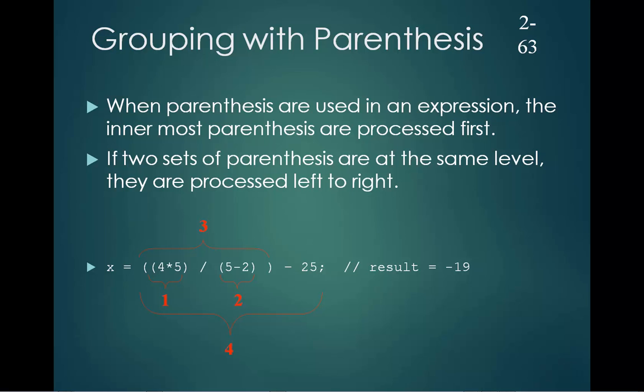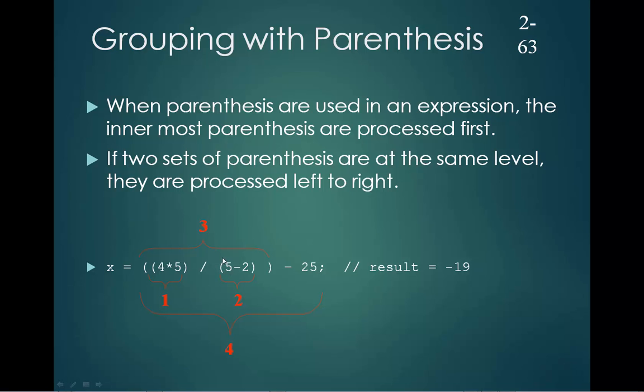So sometimes I have what could be considered to be unnecessary parentheses, but sometimes they're useful for clarity. Okay, so by using parentheses, you are telling the Java compiler that you want certain parts of an operation to have higher precedence. So the parentheses are processed first.